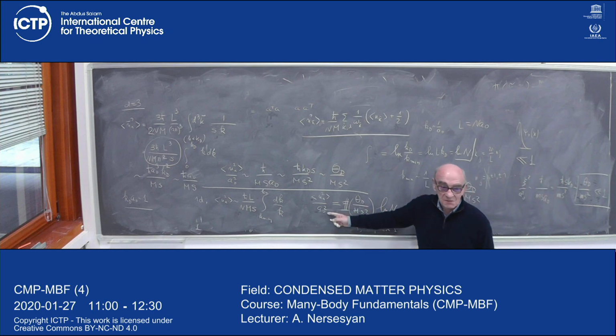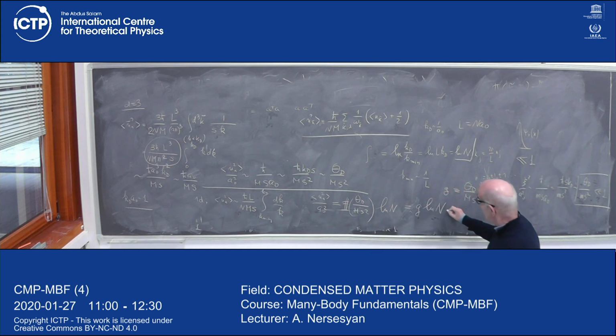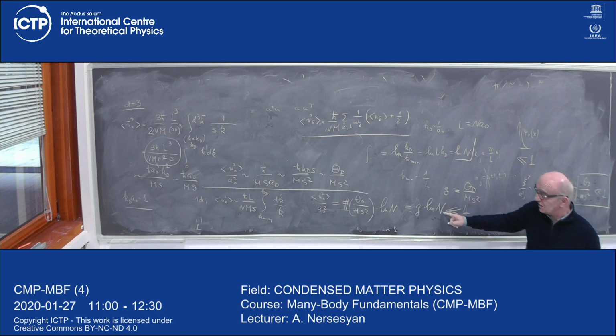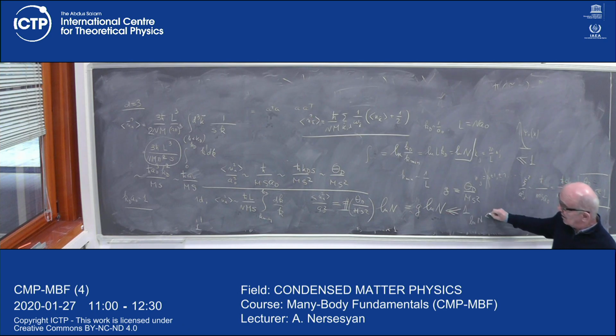The one-dimensional crystal makes sense when this quantity is much less than 1. This gives me a restriction on n. The log of n must be much less than 1 over g, or n must be much less than exponent 1 over g. Or the length of the system must be much less than some critical length, which can be estimated as a naught times exponent 1 over g, which is much, much greater than a naught.